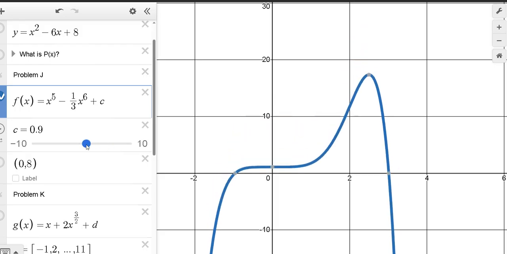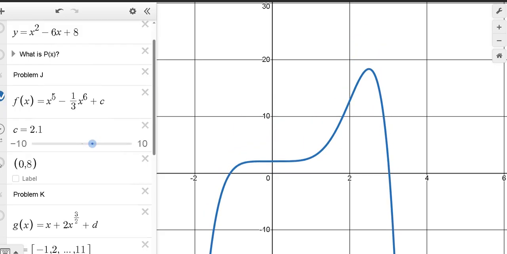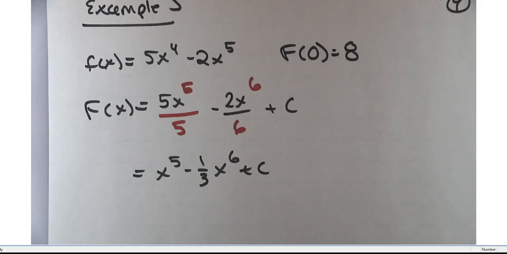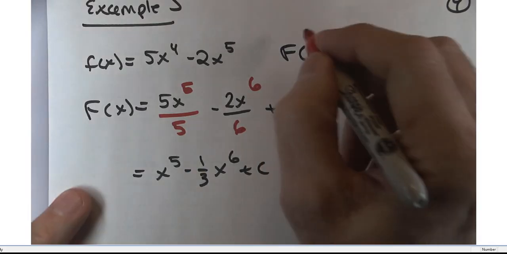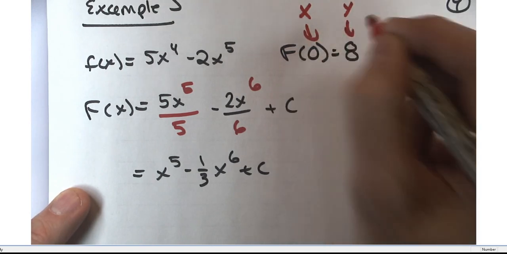It can be anything I want. But I want to choose the particular value that makes the function go through this point, through 0 and 8. So I have to figure out what that constant is. And the clue that they gave you is that when x equals 0, y equals 8.